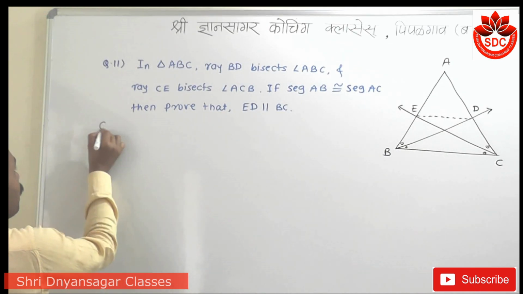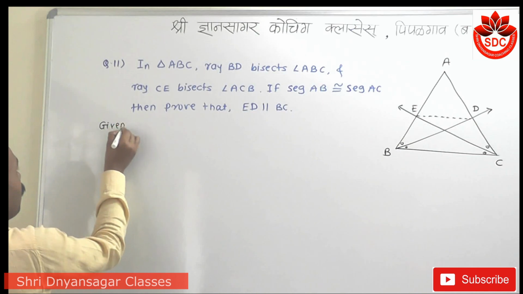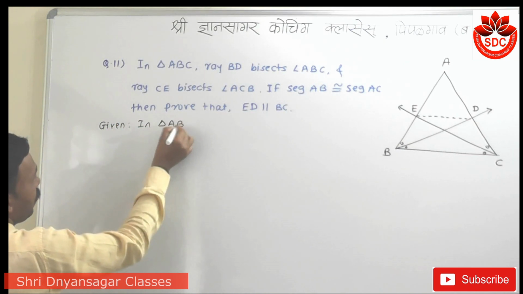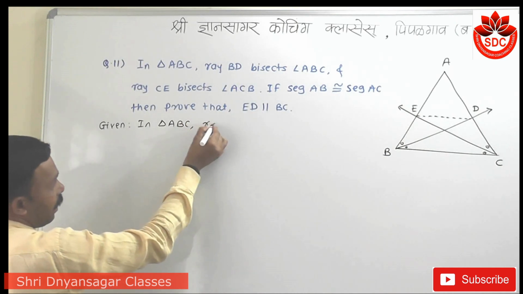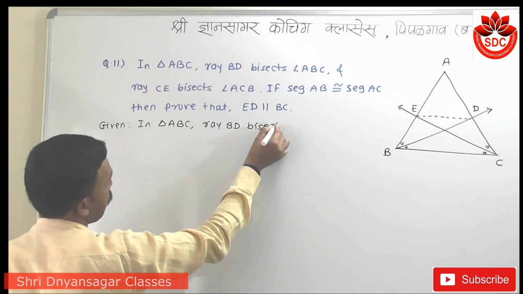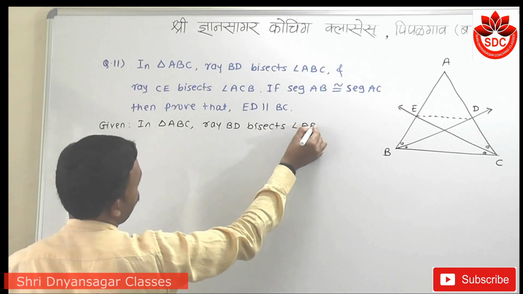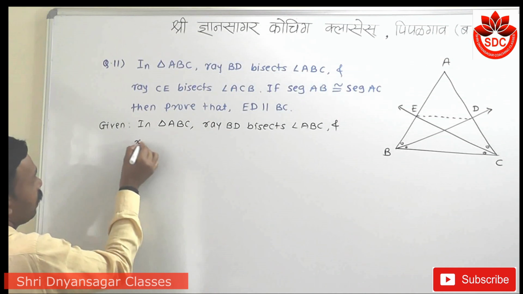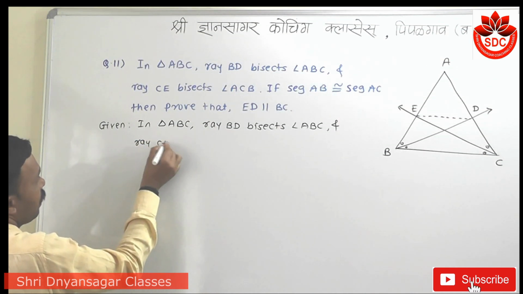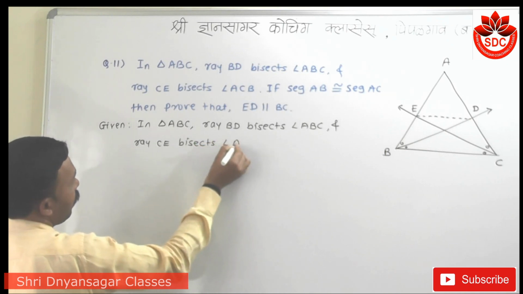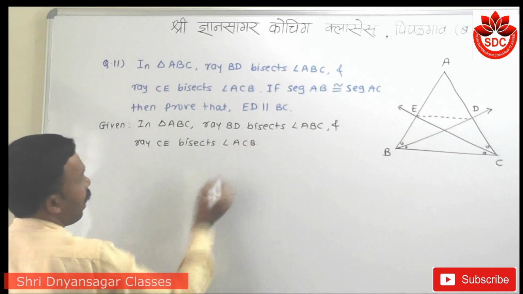Now student, then we write its given. The given is that in triangle ABC, ray BD bisects angle ABC, and another ray, which is ray CE, bisects angle ACB.